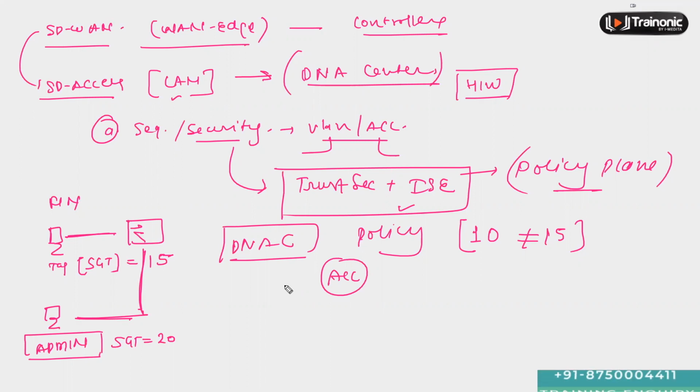We'll talk about the SGT tags later on. So we will not need to manage complex access control lists. We can still apply the ACLs if you want, but we can also enforce the security based on these SGT tags. This can be done with the help of ISE and this TrustSec that we get when we integrate the DNA Center appliance with the ISE engine.